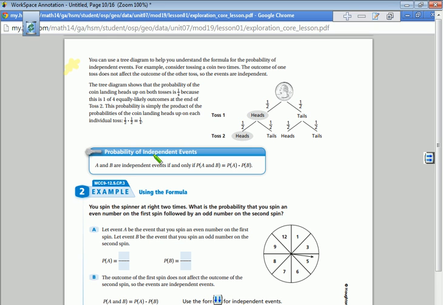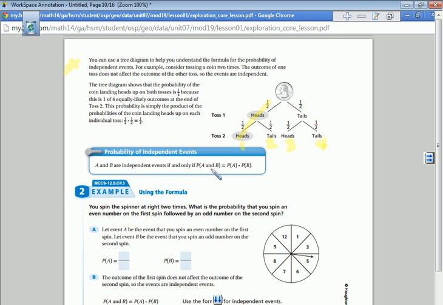The probability is simply the product of the probabilities. 1/2 times 1/2 is 1/4. Do you see how those match up? Okay? So, we had 1, 2, 3, 4 possibilities, and only one of them had heads followed by heads. So that's 1 out of 4.